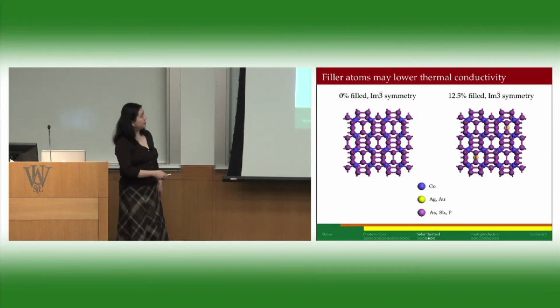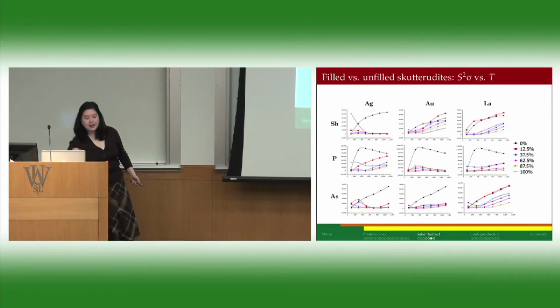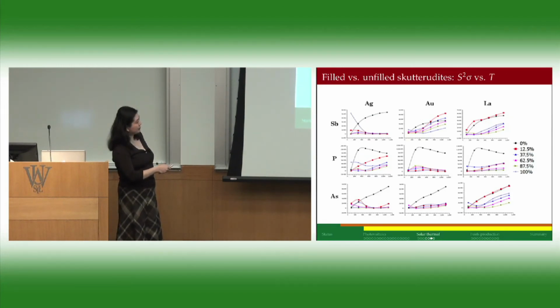Let me show you a sample of what my students have been doing. Instead of lanthanum, they've been doing silver and gold, putting them into different lattice sites here. It's just an example of where we're filling this. These are some of the results she has compared to the unfilled, the empty skutterudite, which is in black.